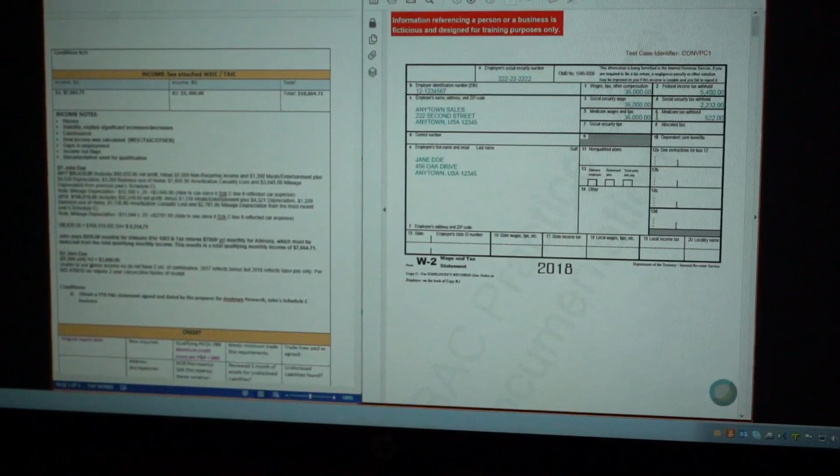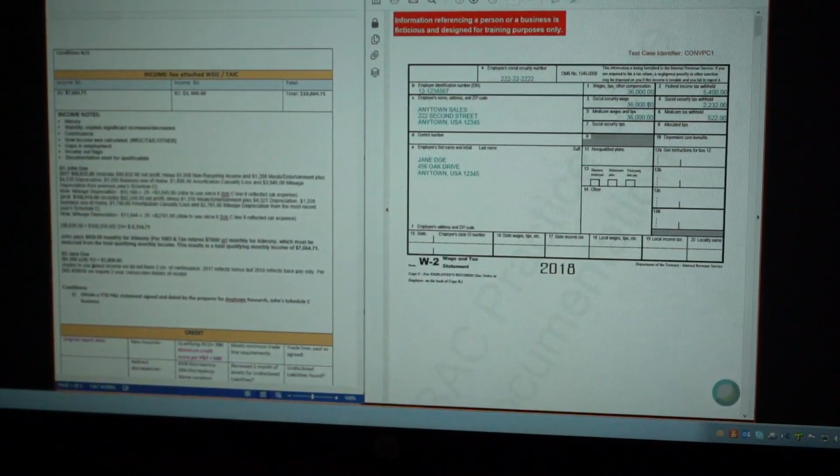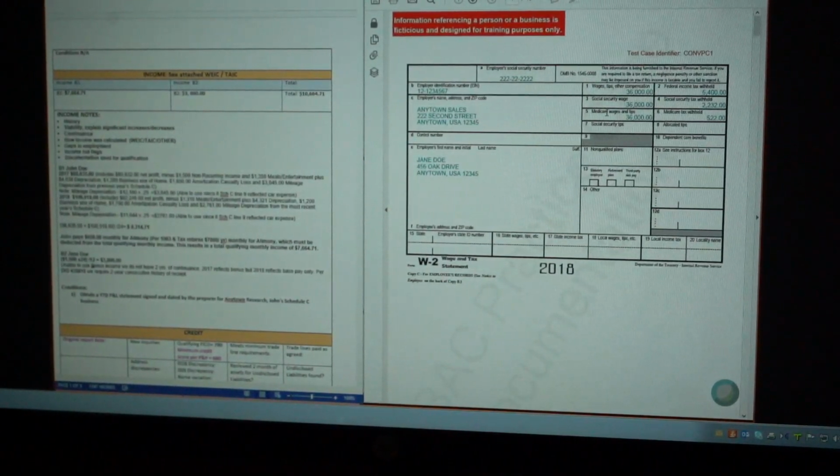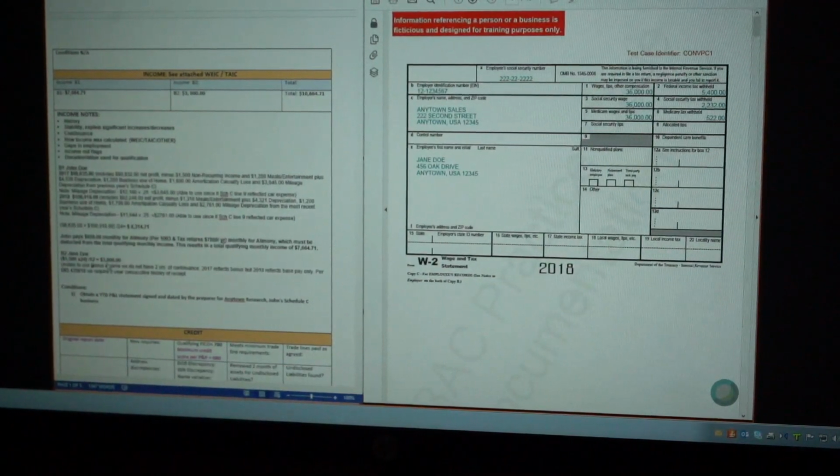$3,000 times 12 is $36,000. So if the borrower made $36,000, which is what's reflected on the W-2, there's nothing left here for bonuses and overtime. The prior year they have $47,000. So obviously they had about $10,000 or $11,000 in bonuses. This year, it's just the base pay, $36,000. So that's why I put here, unable to use the bonuses.